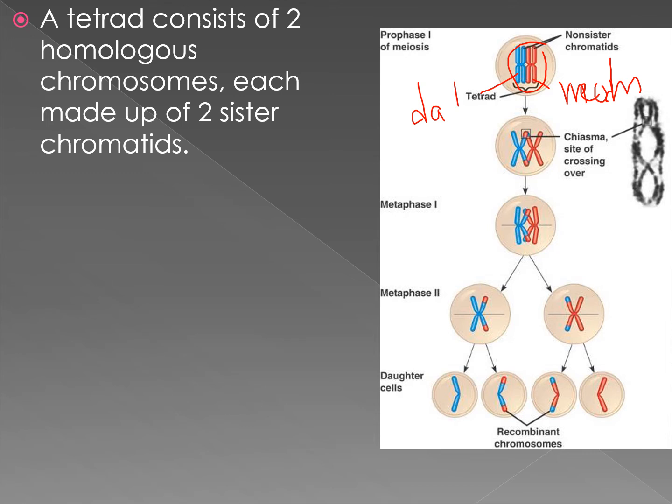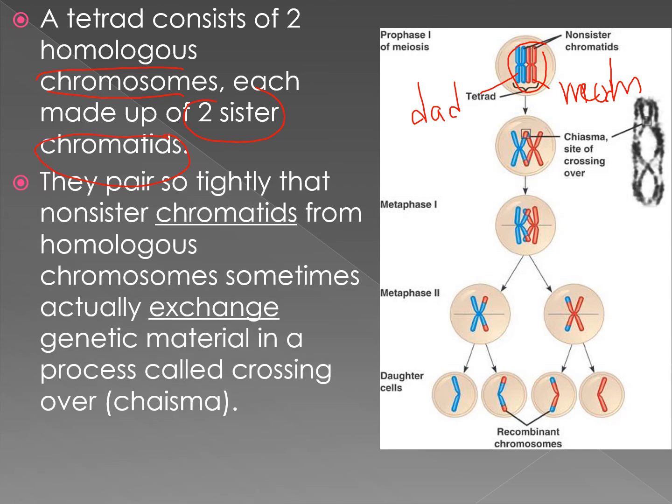Okay, so a tetrad consists of two homologous chromosomes made up of two sister chromatids. They pair so tightly that the non-sister chromatids from homologous chromosomes sometimes actually exchange genetic material, called crossing over, which is also known as chiasma.